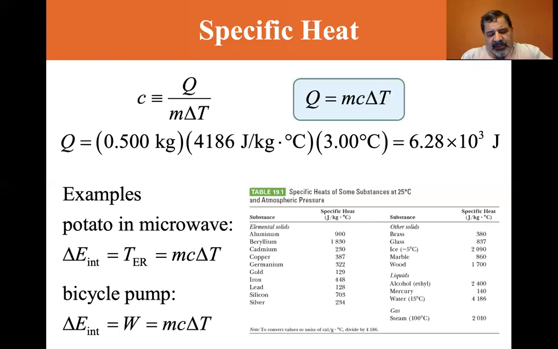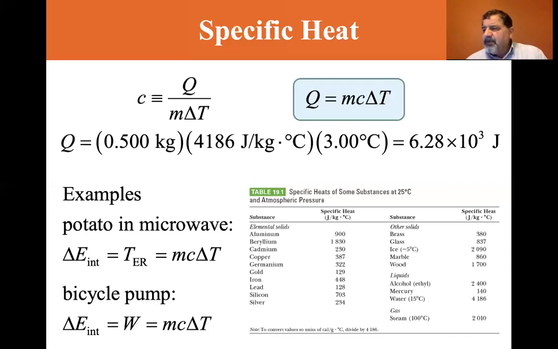If it's a manual pump, you're doing work to pump up the bicycle. That's also M, the mass, times C times delta T. You'll feel that if you've ever pumped your tire: you hold the cylinder, you can feel the heat of the cylinder. You've been doing work and putting energy into the system.